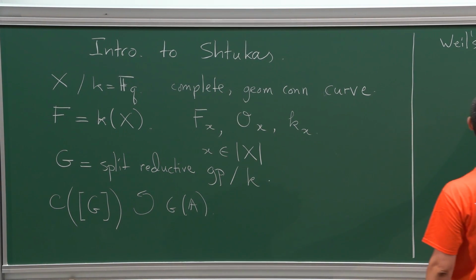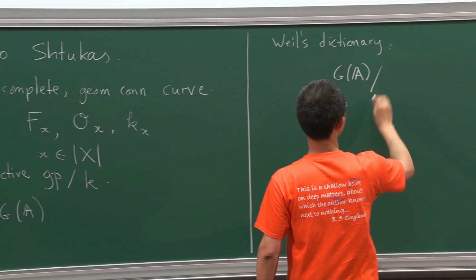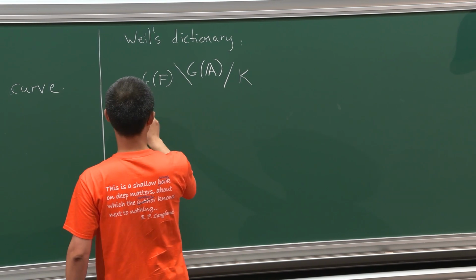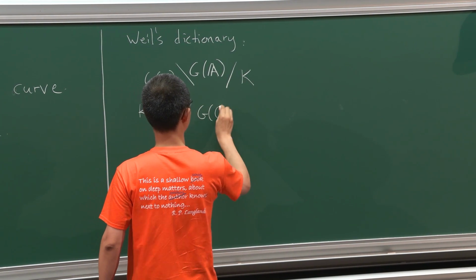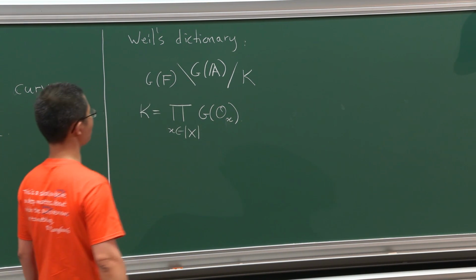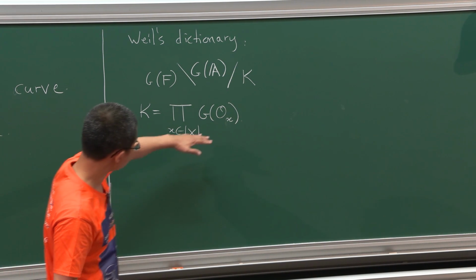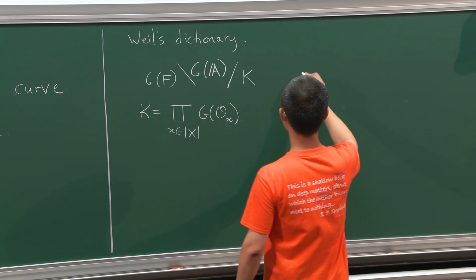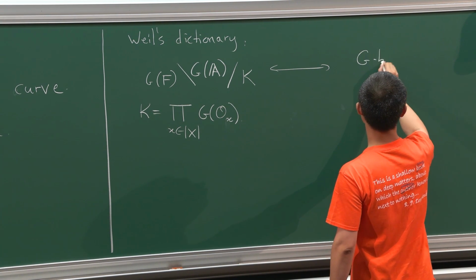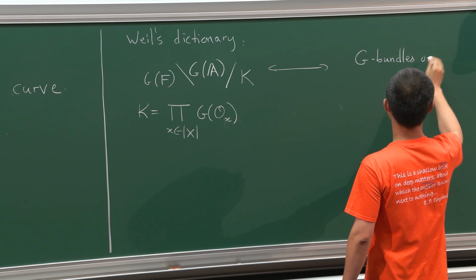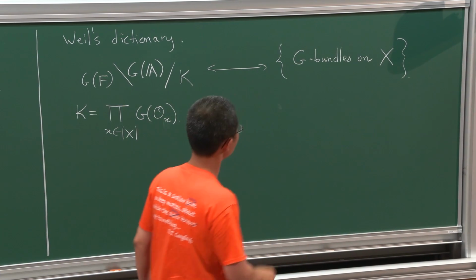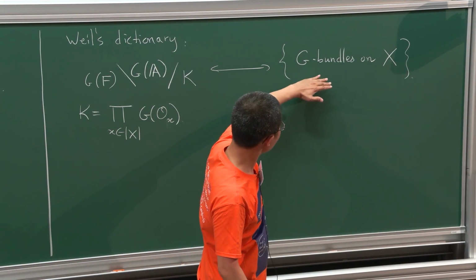So on the one hand, we have this double coset space. Here K is a product of G of O_v, over all places, the maximal compact subgroup, standard level structure. On the other hand, we have G-bundles on X. So both sides are groupoids.